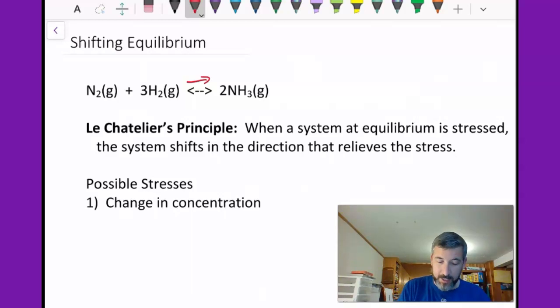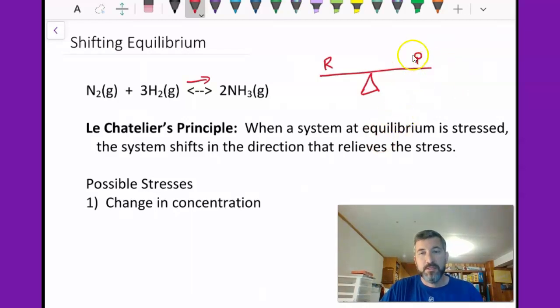And if you think of it as, the Bozeman science guy used a seesaw as a visual. So if you have reactants on one side and products on the other, if you increase the amount of products, then the seesaw is going to tip down in that direction because it's going to be heavier on that side.